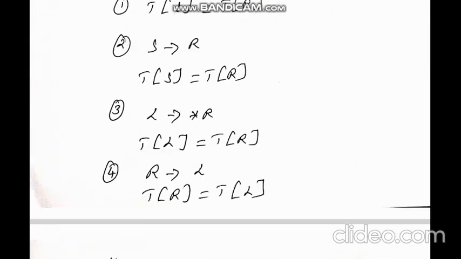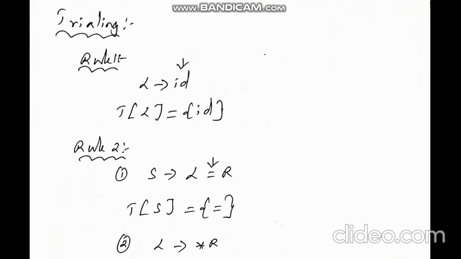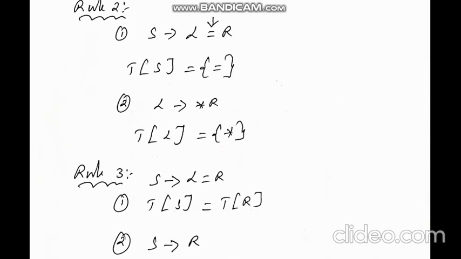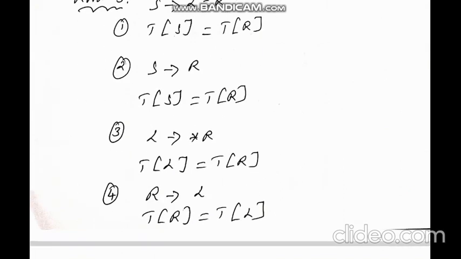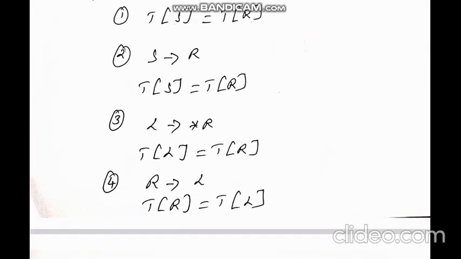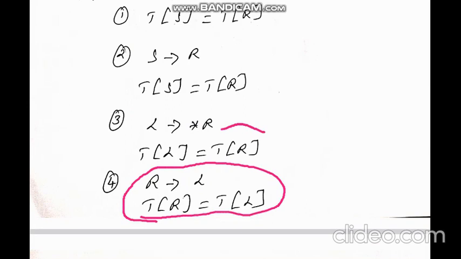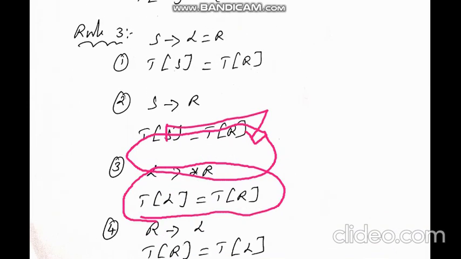Now see here, after this trailing we found two parts, that is trailing of L is equal to id, and again we have here trailing of L is equal to asterisk, right? So let me take you there where we can identify whether trailing of L is equal to R is there or not. Yes, it is. You can see here this particular trailing of R is equal to trailing of L. Any values you found in trailing of L will be applied to trailing of R. You know very well what trailing of L is.